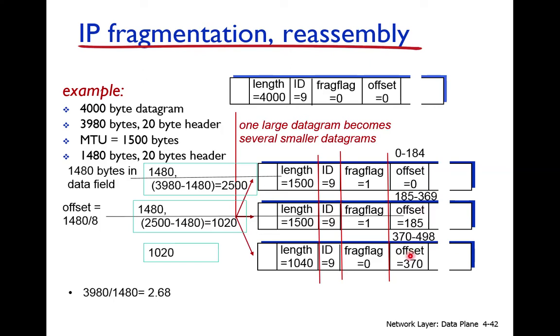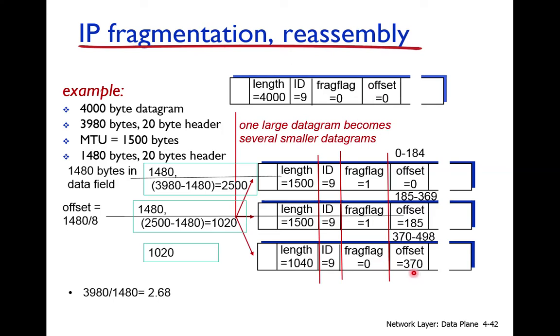Now when these packets are received, if this packet is received with fragment flag 0, it is not fragmented further, it is the last packet. But with offset 370, it means that the packet is fragmented, because if it were not fragmented, its offset should be 0.